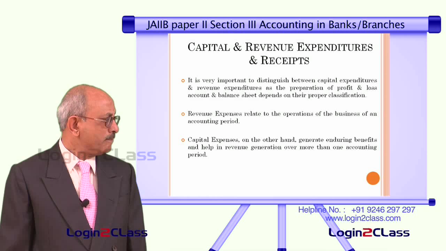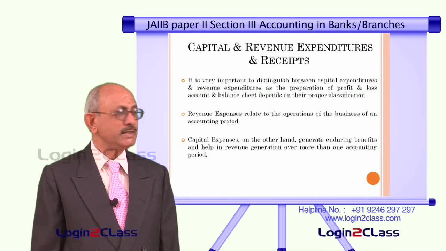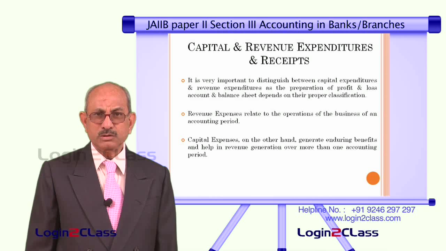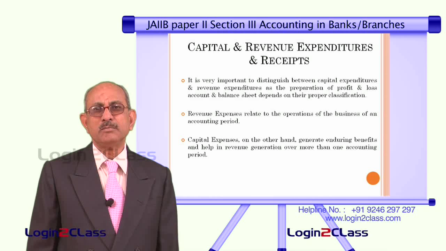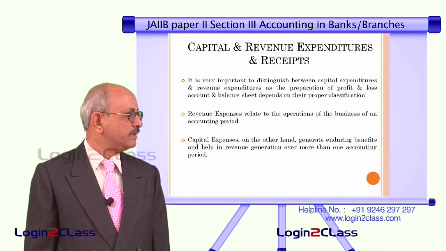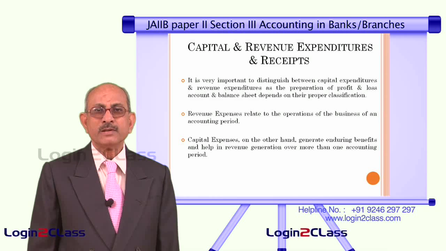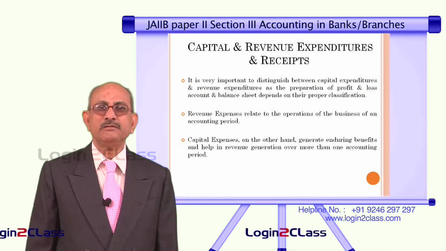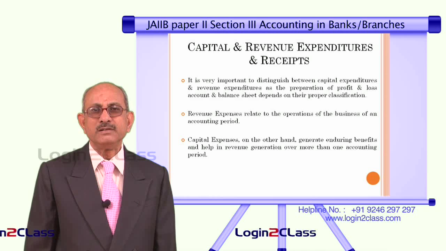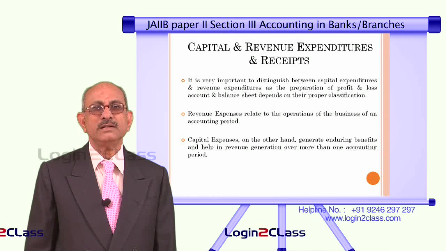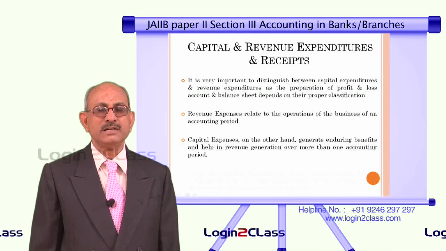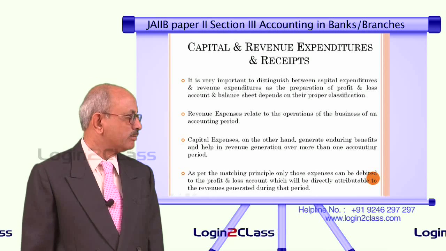For example, if you buy a machinery, that machinery can be used for generation of revenue for the entity for a number of years, depending on the useful life of that particular machine. So if the machinery has a useful life of 5 years, it will generate revenue for the entity for a period of 5 years. That means it is not a revenue expenditure, it is a capital expenditure because the benefits extend to more than one accounting period.